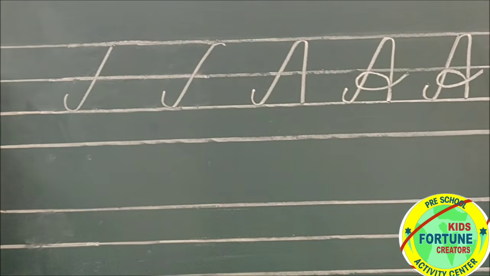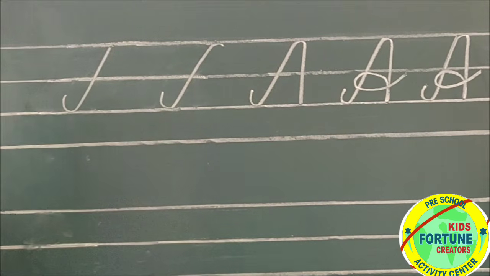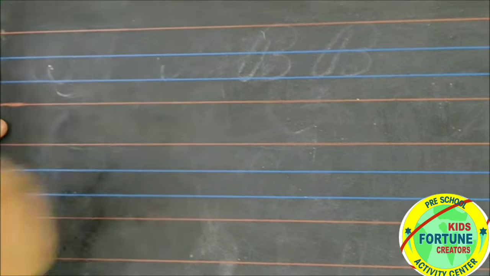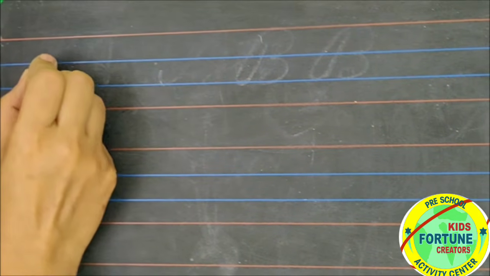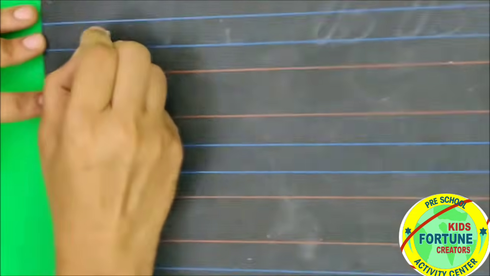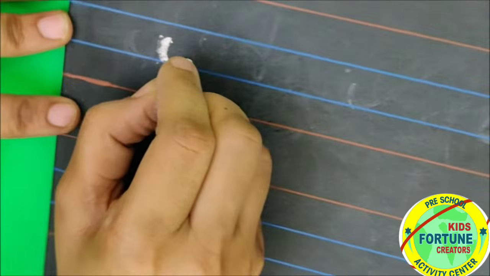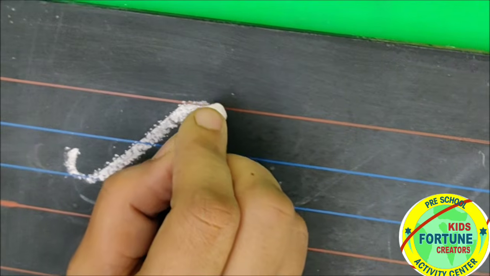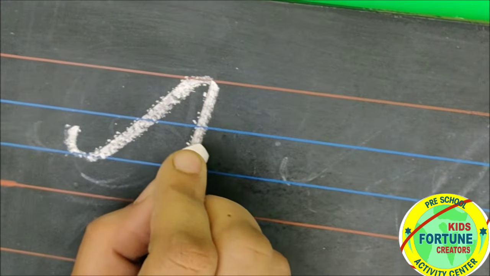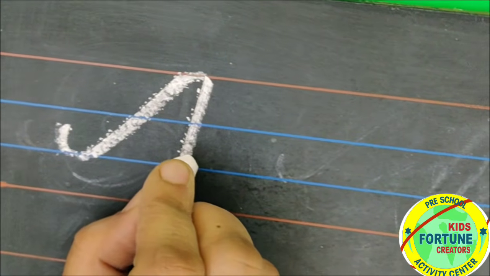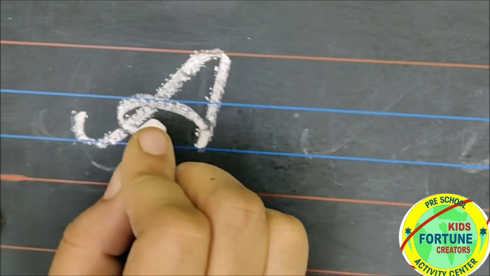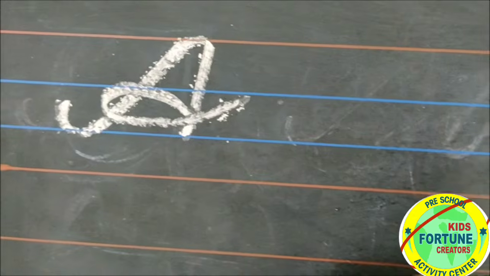So kids, now we practice it on a slate. Put your pencil point between second and third line. Go down curve, make slant line, small curve, come down straight, little bit go up, make a loop and take out with the tail.